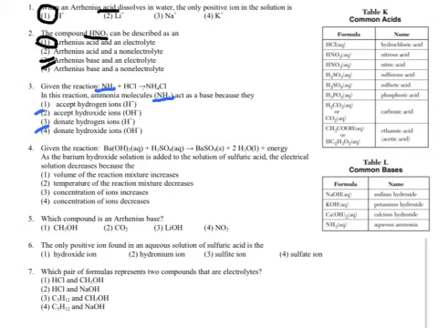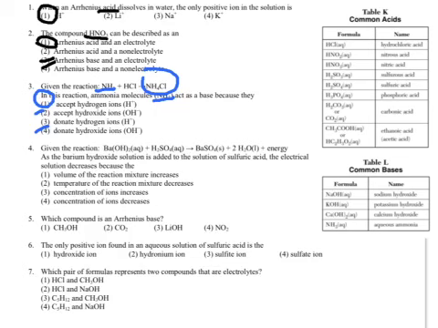So we have to decide if ammonia is either accepting or donating hydrogen ions. So when we look at ammonia in its initial state, we see that it's NH3. And in the final state, it's NH4 with a chlorine. So obviously what has happened is that ammonia has accepted a hydrogen because it has one more in the products as compared to the reactants.